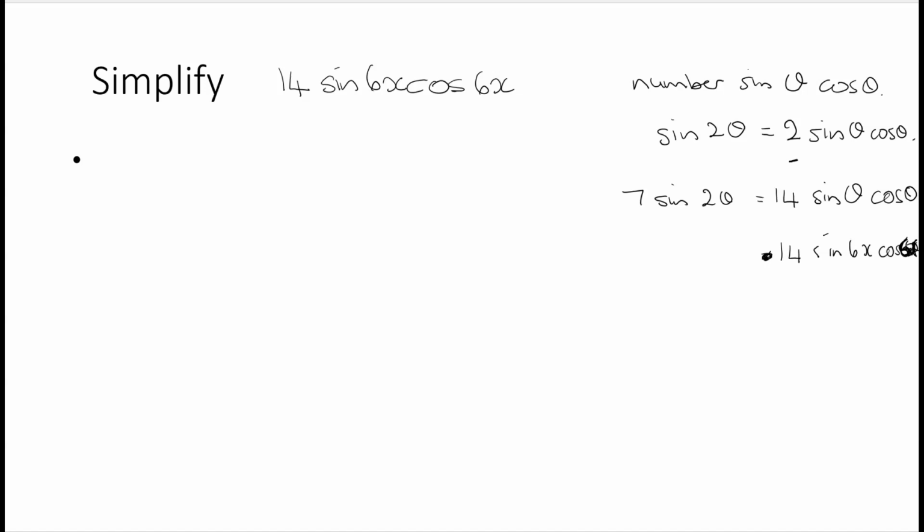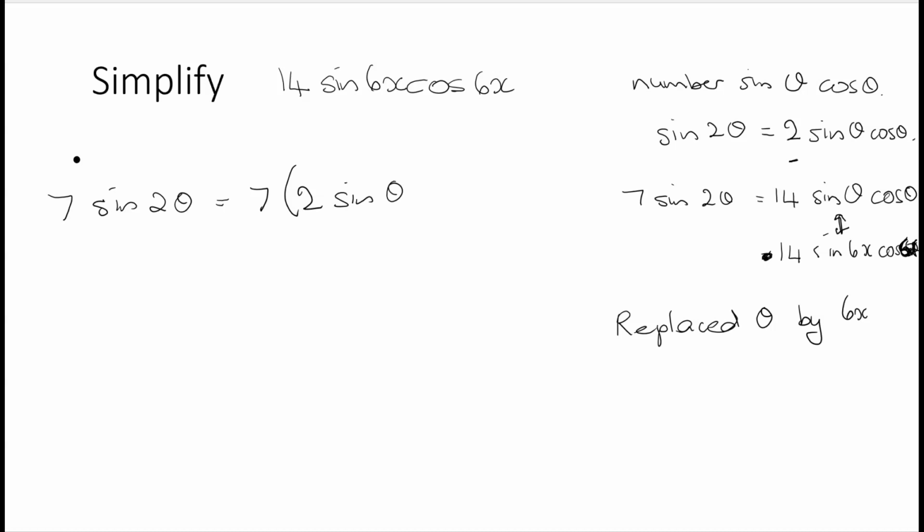What we've done is we've replaced theta from here to here. We've replaced theta by 6x. So we had 7 sine 2 theta equals 7 times 2 sine theta cos theta, which is equal to 14 sine theta cos theta. So 7 sine 2 theta.